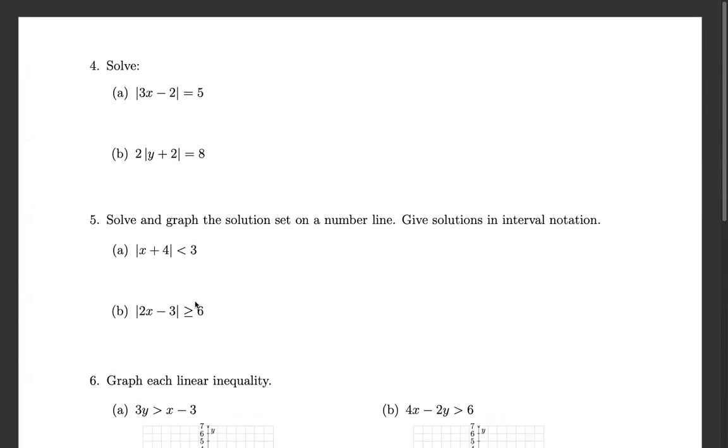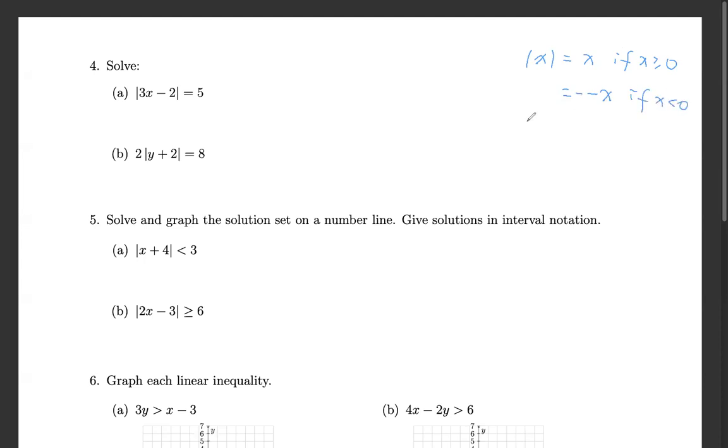Let's see solving absolute value equations. Remember the definition for absolute value? Absolute value of x equals x if x is non-negative, right? If it's negative, we put a negative in front, and the double negation makes positive.